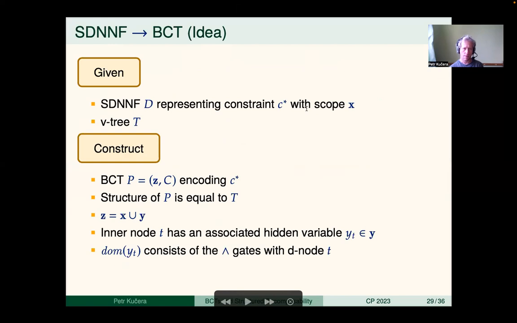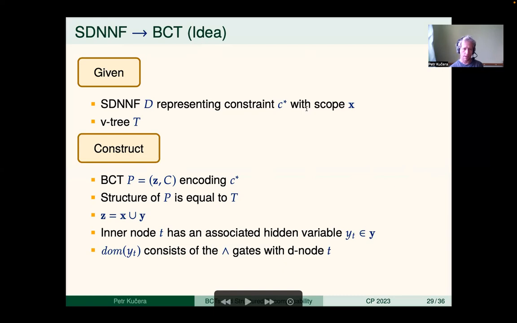So if we are given a structure DNNF that represents constraint C star with scope X and a V3T, then we want to construct a BCT P defined on variables Z and C that encodes this constraint C star. The structure of P will be actually equal to T. The variables Z will be the original variables X, and then we will use hidden variables.